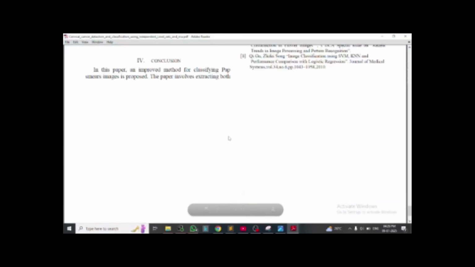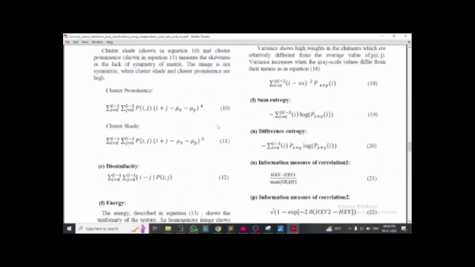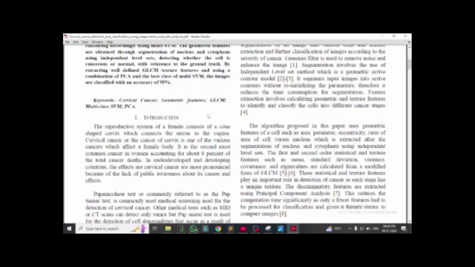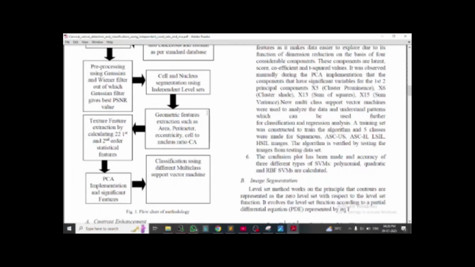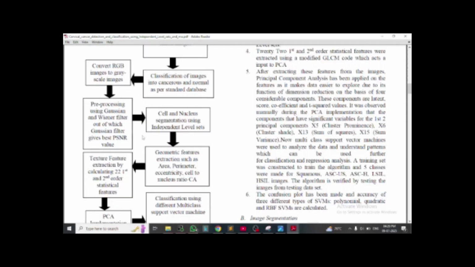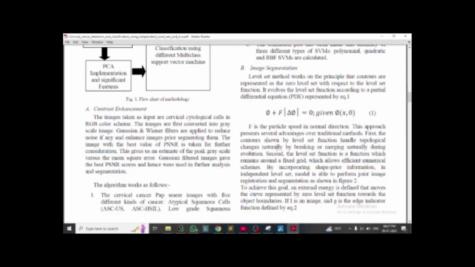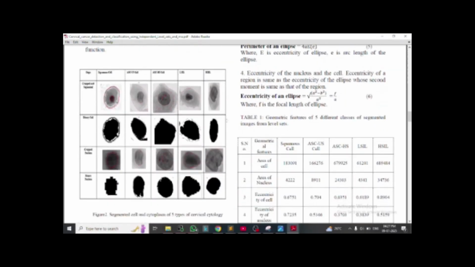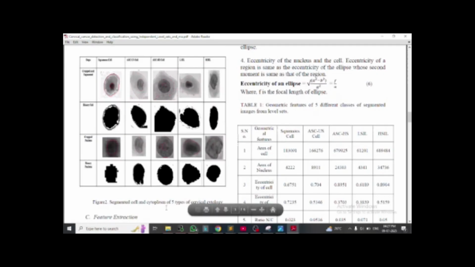And in the second research paper, in this flowchart of methodology they did calculation of this segmentation, cell and cytoplasm of five types of cervical cytology.